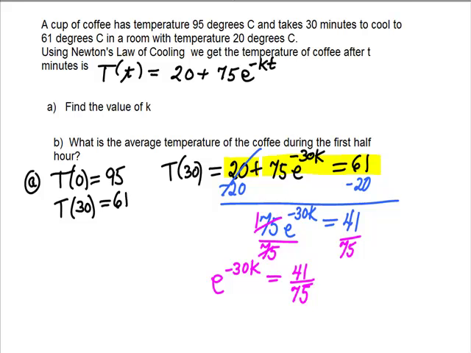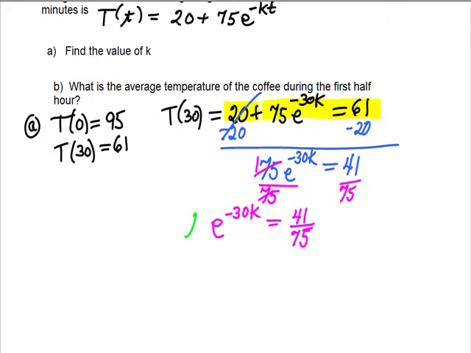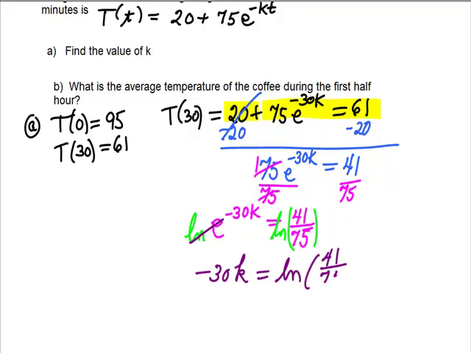So now we're going to release the exponent by taking the natural log of both sides. So log and e undo each other, and I get negative 30k is the natural log of 41 over 75.